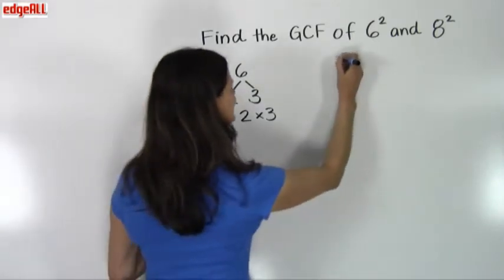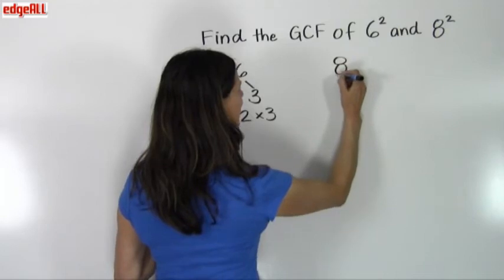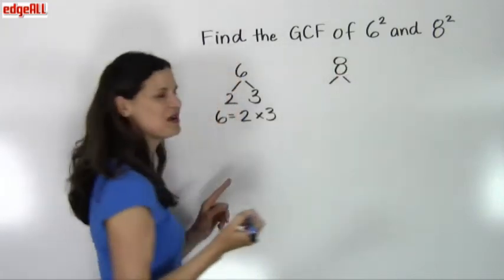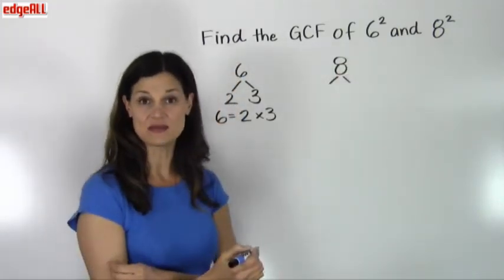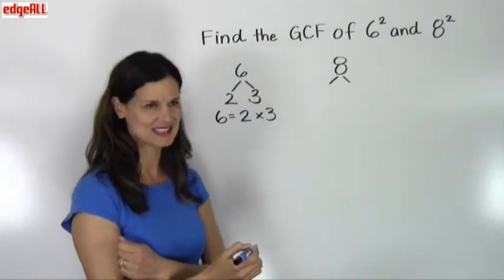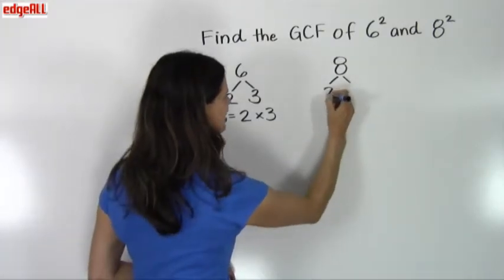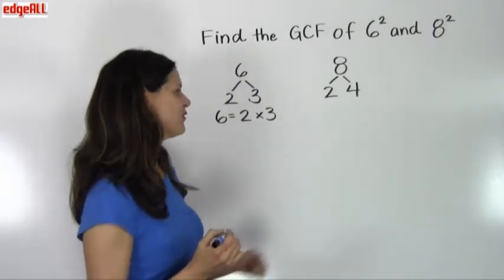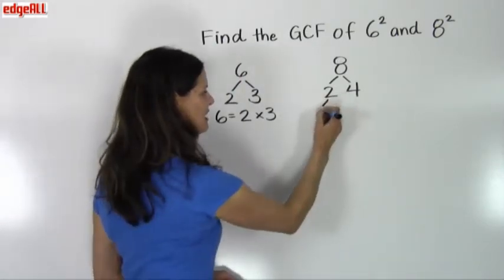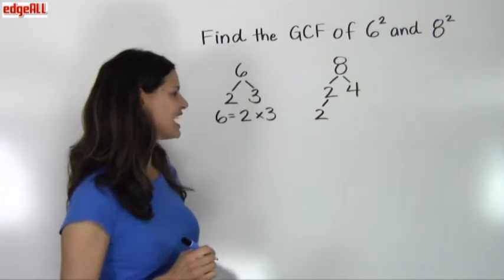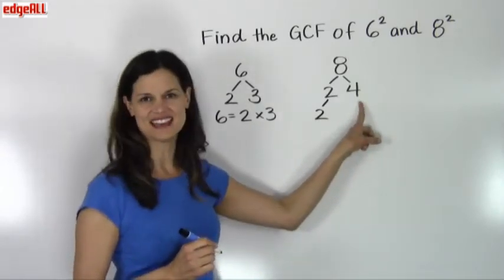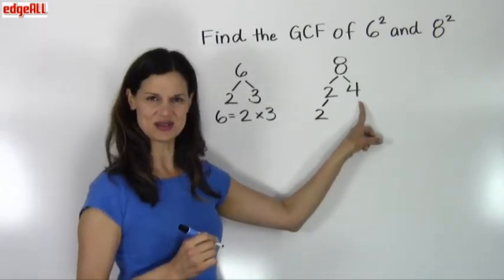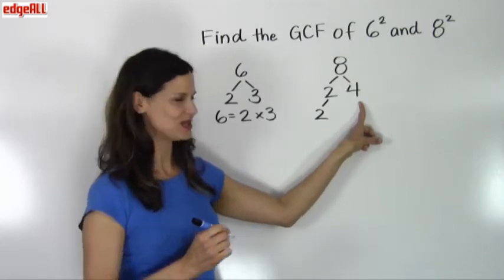With the 8 and the prime factorization of 8, we begin by dividing 8 by 2. 8 is divisible by 2. 8 divided by 2 equals 4. So we have 2 times 4. 2 is already a prime number, so we'll leave that for our next level. But 4 then can be divided again by 2 to equal 2 times 2.